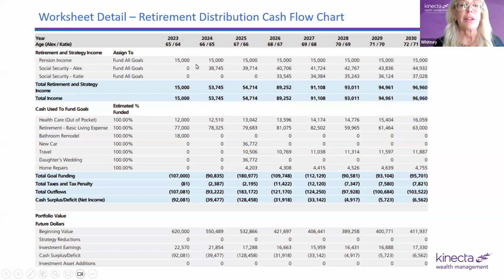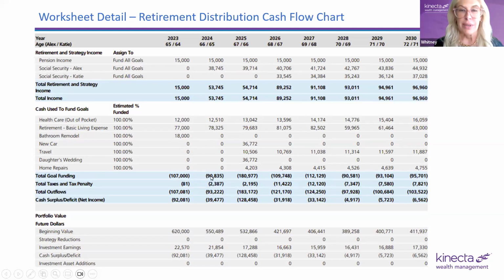So when Katie and Alex first retired, we've got this line item with pension across here. And then Alex is going to start Social Security next year. And then Katie will have it coming in 2026. So you can see the line items across here. This is all the income coming into the financial plan.